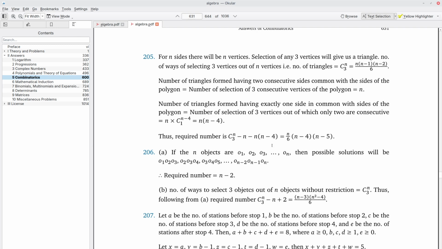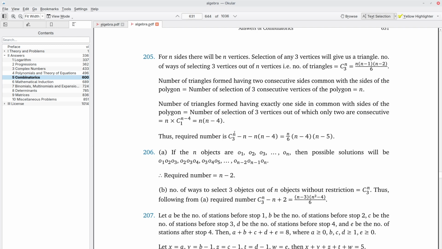So suppose you have a polygon, you take one side. Once you take one side, you can't take two adjacent extra vertices. So four vertices you can't pick anymore, because two already you have chosen and two are not available to you. So remaining would be n minus 4. So the total number would be n multiplied by (n minus 4)C1, because the side can be any one of the n sides. So that is equal to n multiplied by (n minus 4).